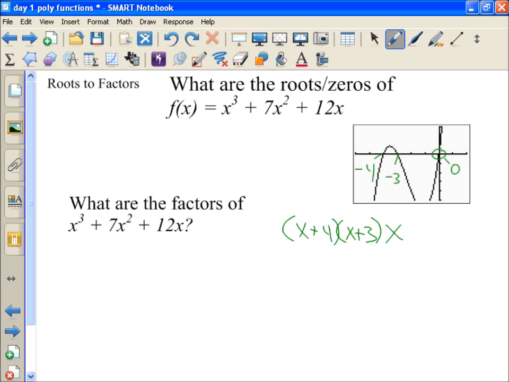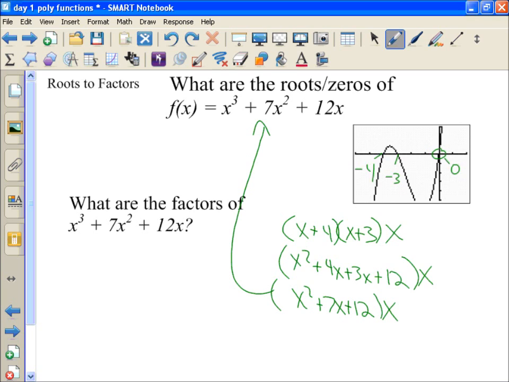And sure enough, if we were to FOIL this all the way out, that would be x squared plus 4x plus 3x plus 12 all times x, or x squared plus 7x plus 12 all times x, or x cubed plus 7x squared plus 12x. So if we know the factors, we can figure out the zeros, and if we know the zeros, we can figure out the factors.